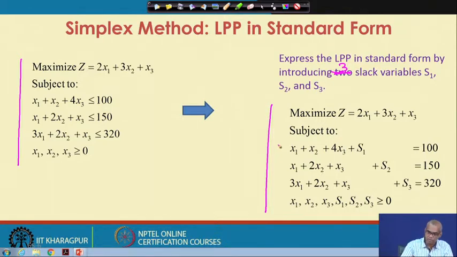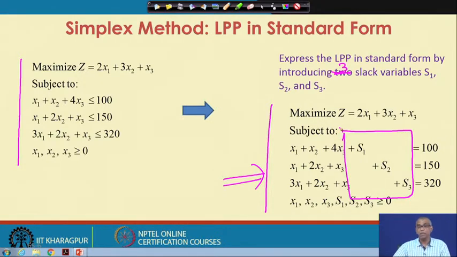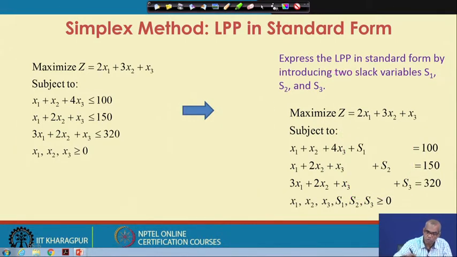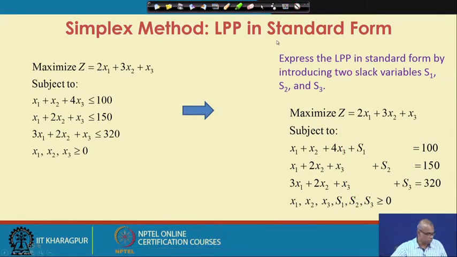So, if you look at this, you see that this part helps you to start with an initial basic feasible solution. So, S1, S2 and S3 become basic variables, x1, x2, x3 become non-basic variables, and you have a basic feasible solution in hand to start the initial tableau.